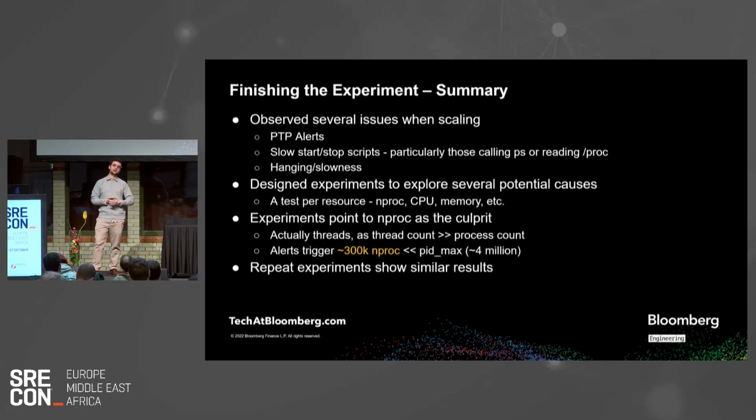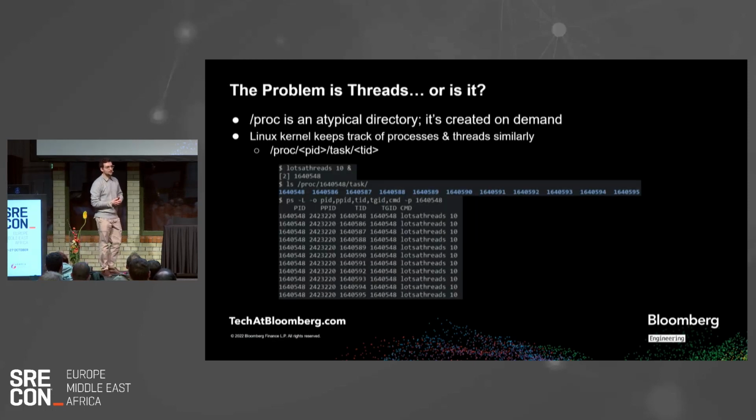As I explained below, because our process count is so much lower than our thread count, processes are in the tens of thousands, while threads are 50 to 100,000 to 200,000. We will be using threads as a shorthand. So when I say nproc, in your head, just think threads. And as we saw, the alerts trigger at significantly lower than our PID max value, and the repeat experiments show similar results. OK, so the problem seems to be threads, right?